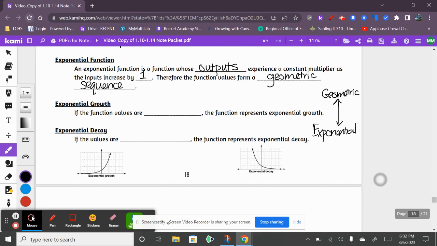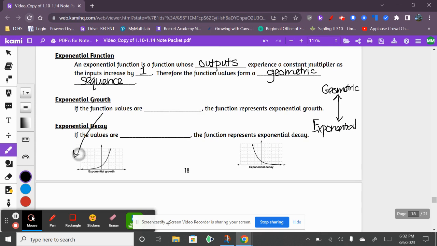If we see exponential growth, like this one right here, we can see that from left to right, these values are increasing. And if the values are decreasing, that will represent exponential decay. Okay, on the next page, we will look at what our setup will look like.